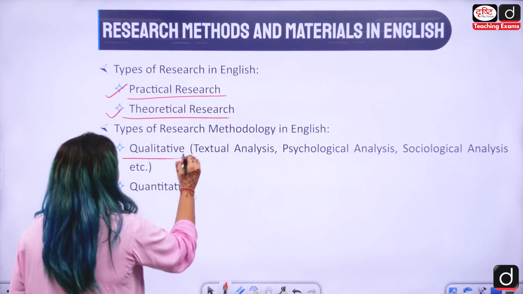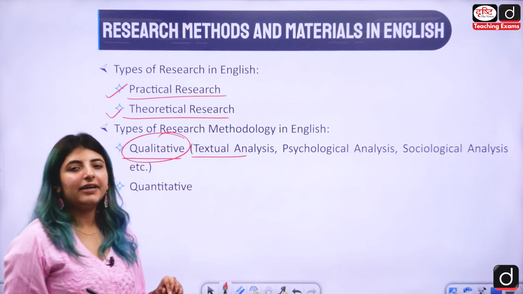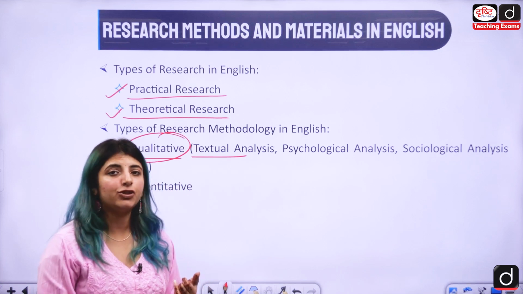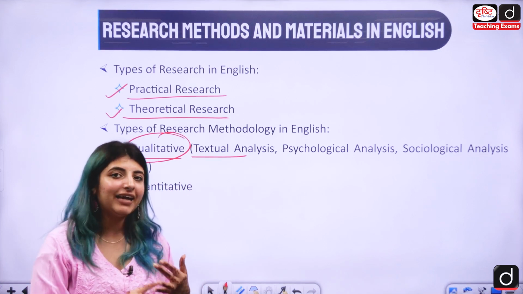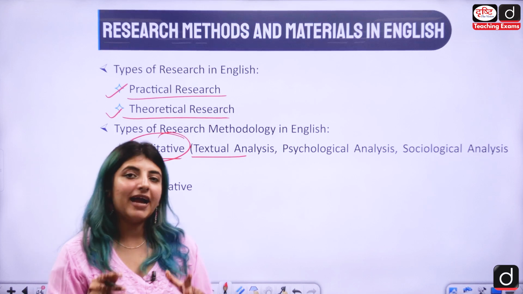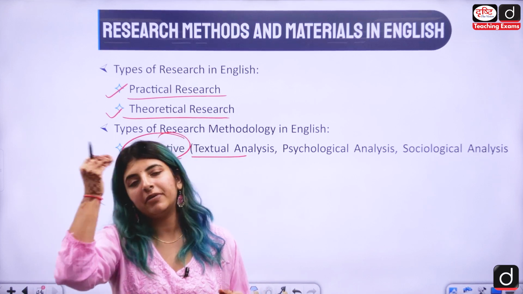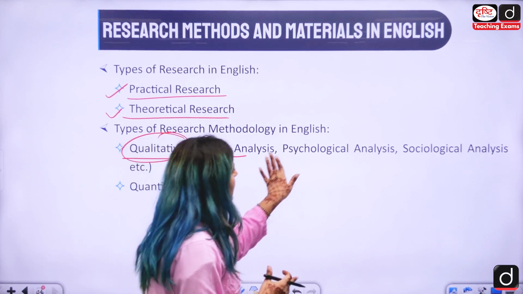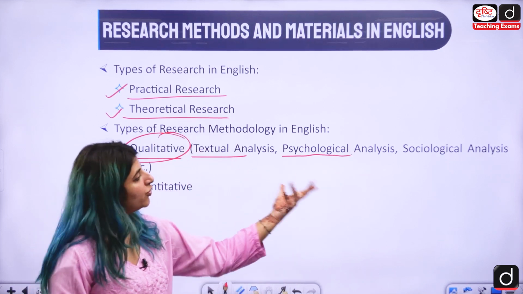Secondly, how qualitative textual analysis is done. If we talk about themes, if we try to decode anything related to a particular text, if we try to apply literary theory on the same, if I am viewing a particular text from a feminist point of view, from a post-colonial lens, so on and so forth, psychological analysis, sociological analysis.